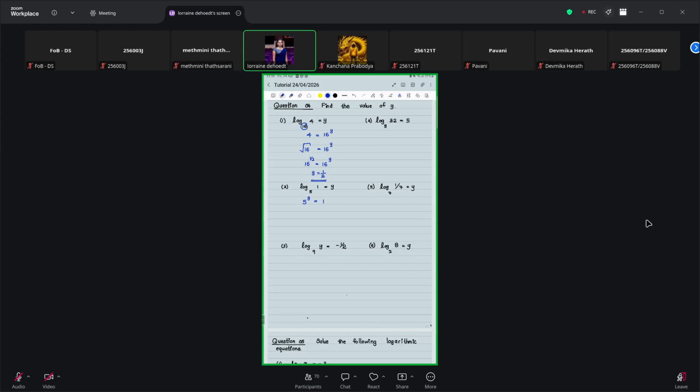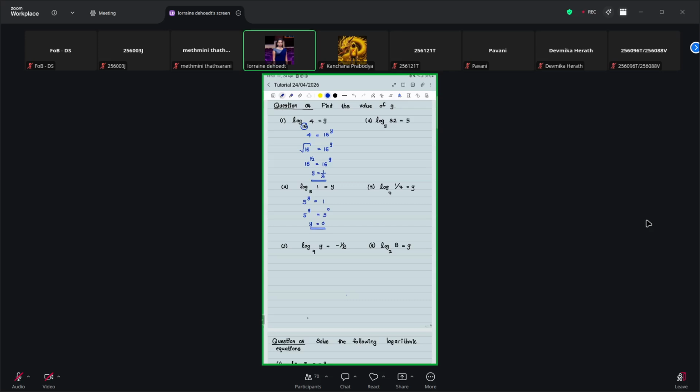It can be a decimal number, it can be a fraction, any term. The zero power of any term equals 1. That means I can rewrite this one as 5 to the power 0. That means y equals 0.